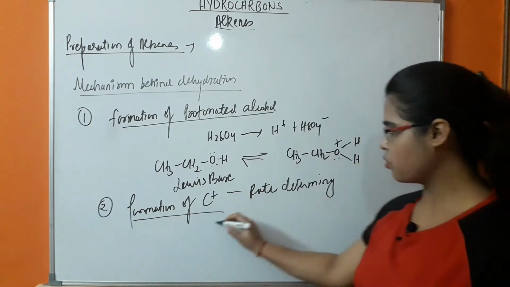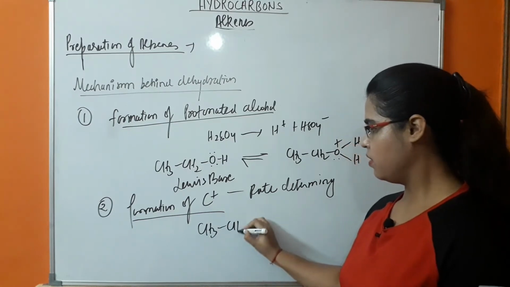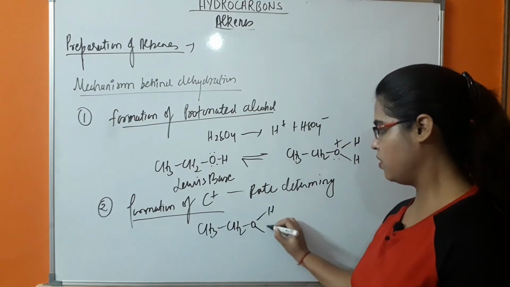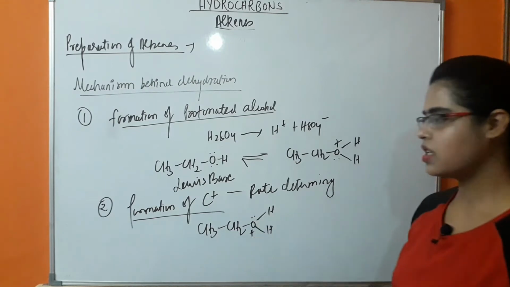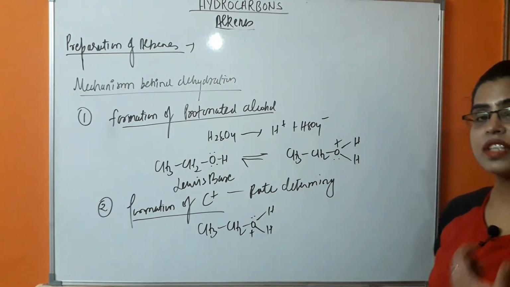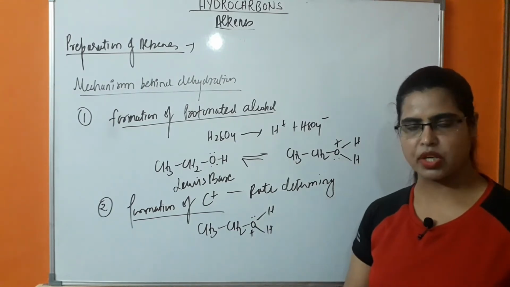In this case this protonated alcohol has a positive charge on oxygen, which is the second most electronegative element in the periodic table.